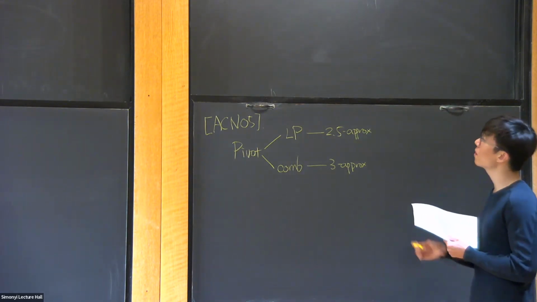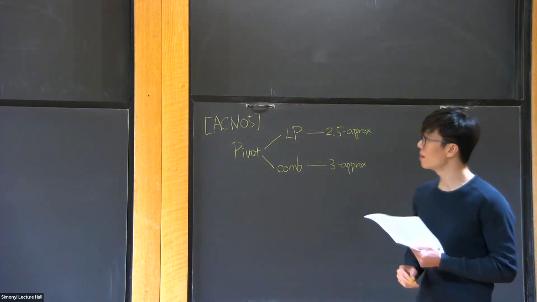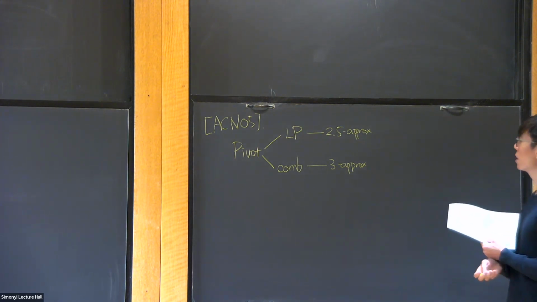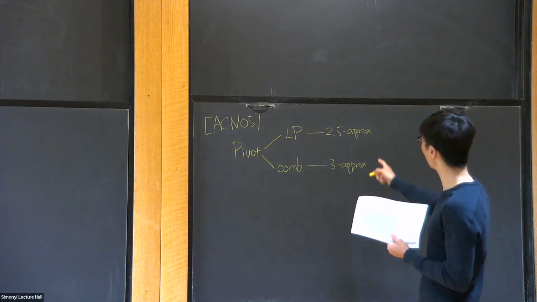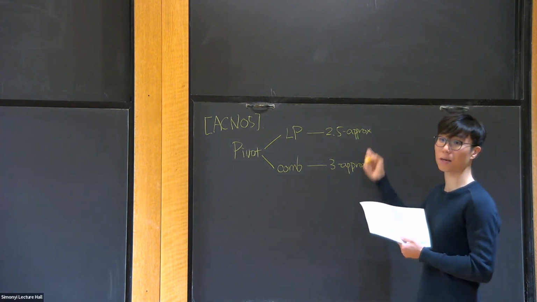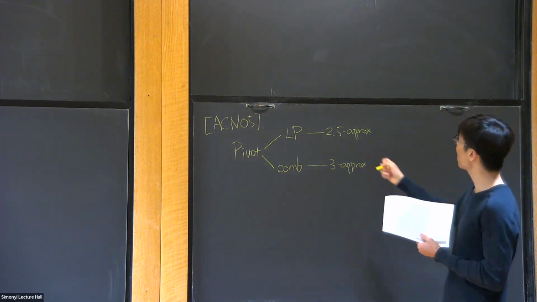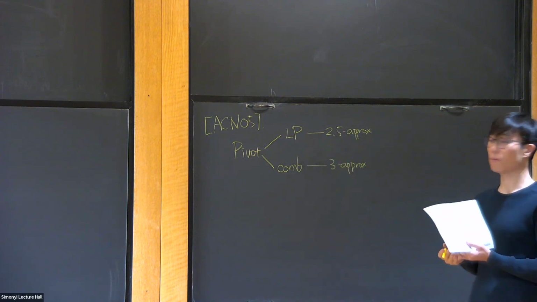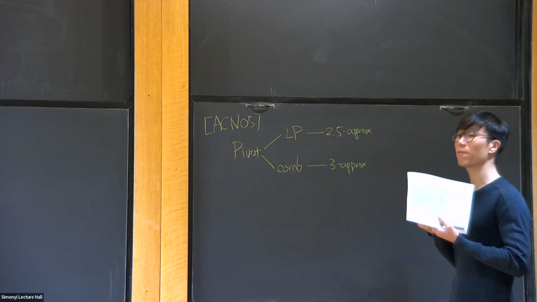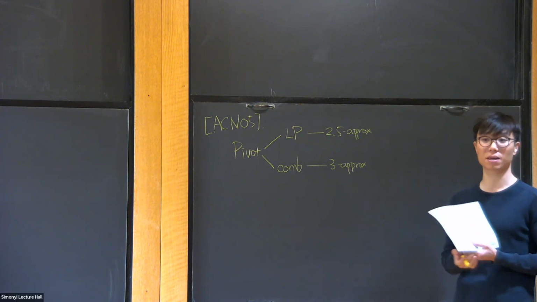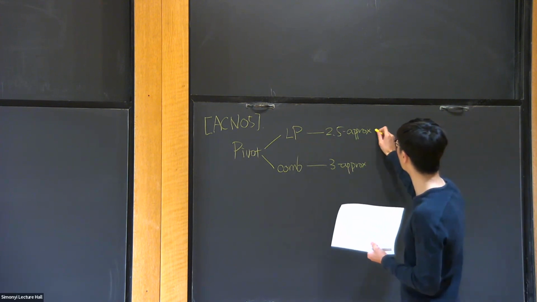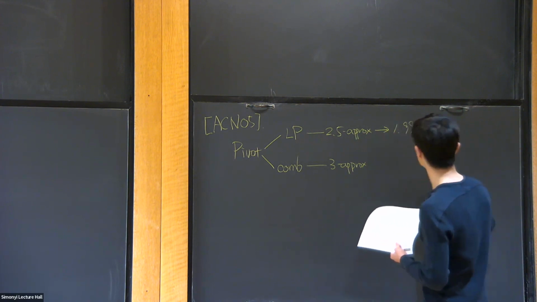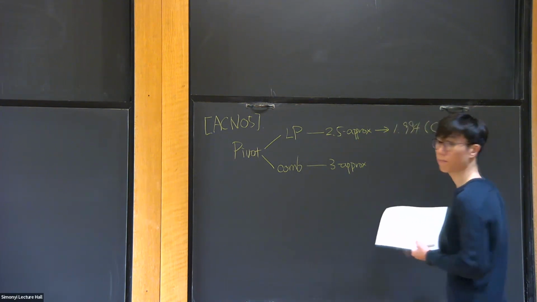Our two algorithms actually come from these two different branches. What we're going to do is take the LP rounding approach, strengthening it with a more powerful LP relaxation called the Sherali-Adams hierarchy, and that's going to give a 1.994 approximation for correlation clustering.